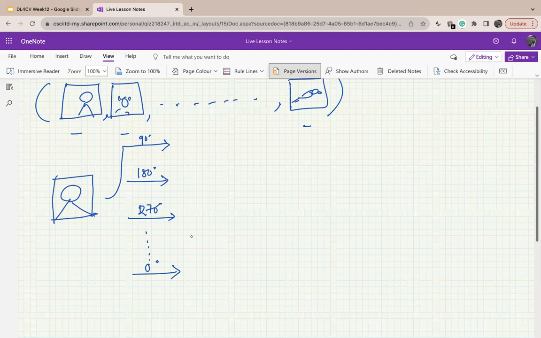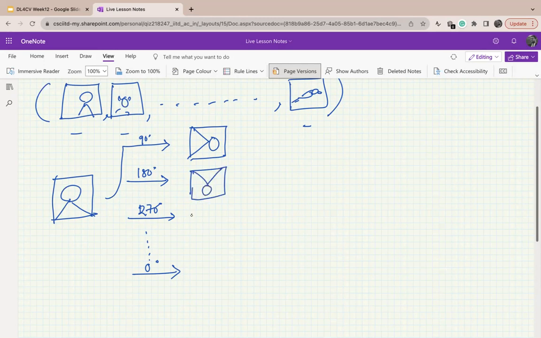We can later add cropping, blurring, sharpening, anything. So when you rotate this image by 90 degrees, it will be like this. 180, like this. 270, like this. 0, it will be like this.